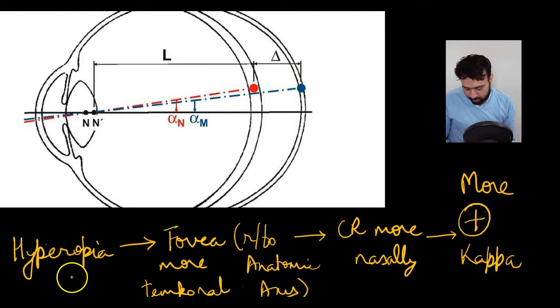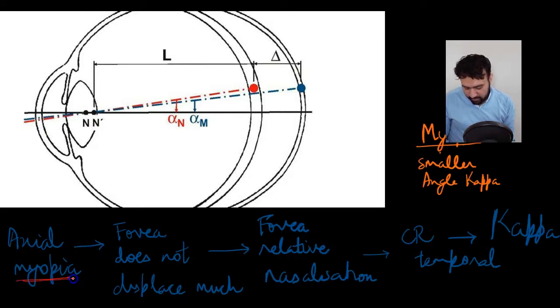In axial myopia, you can see this first one is a normal eye, and this one is after the axial lengthening of the eyeball. In myopia, the eyeball increases in size. So you can see that the bluish one is the new visual axis, and the angle subtended by the black line and the blue line.